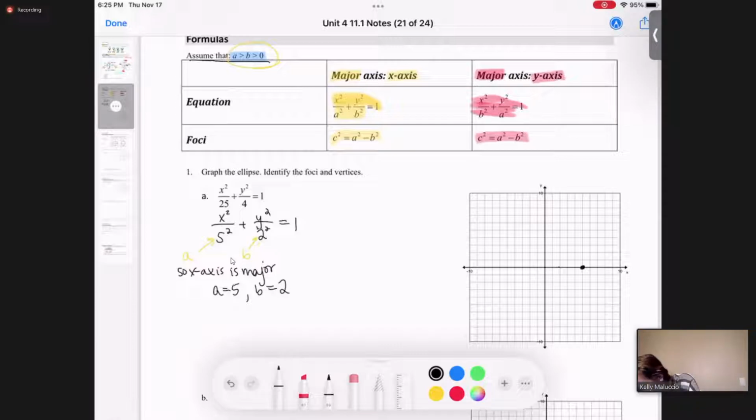And so I can plot 5, 0 and negative 5, 0, and I know that's going to be on my major axis. And then I can also plot 0, 2 and 0, negative 2. And I can actually connect these already, right?